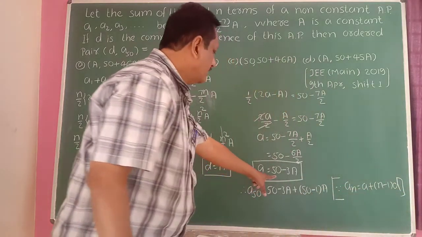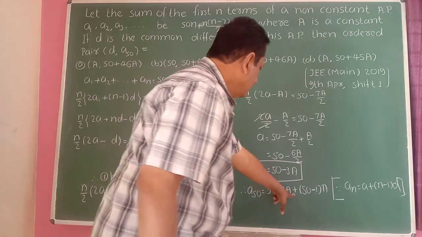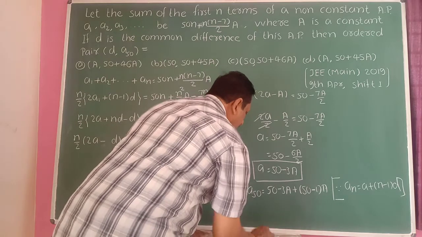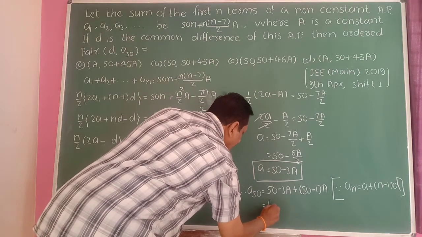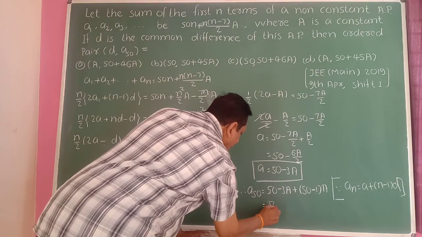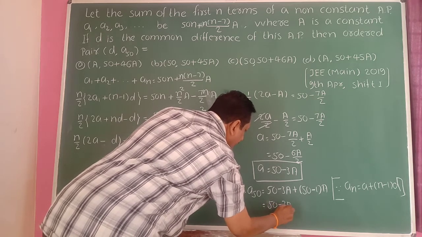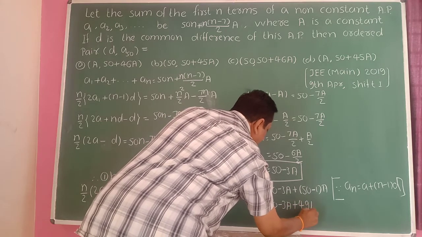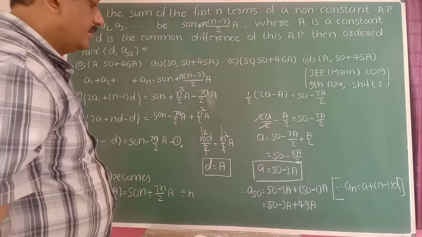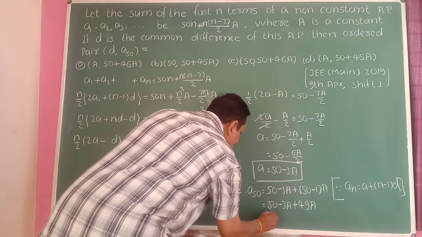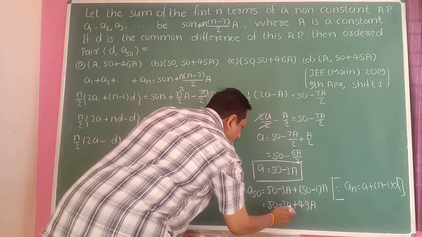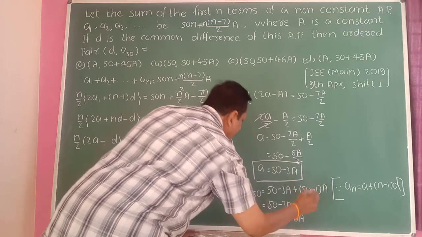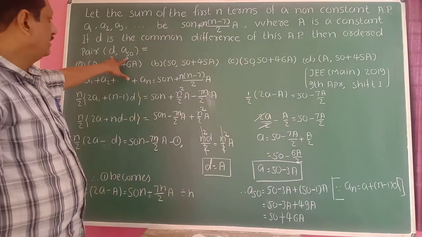Here a means this one, 50 minus 3A, plus n is 50 here, 50 minus 1, and d is A. Therefore this is equal to 50 minus 3A, then 50 minus 1 is 49, so 49A. Therefore this is equal to 49 minus 3 becomes 46, so 46A.